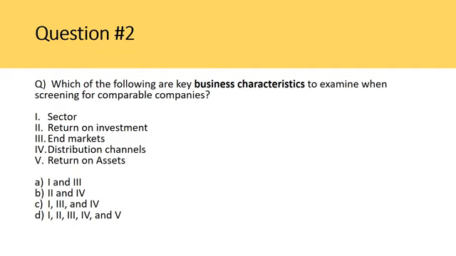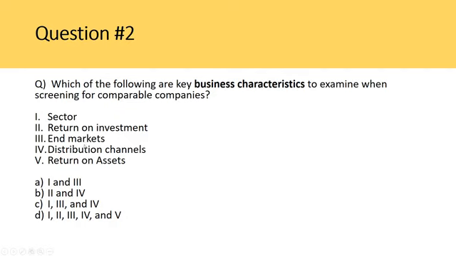Question 2, which of the following are the key business characteristics to examine when screening for comparable companies? So when we're talking about business characteristics, we're trying to determine the business profile of the business so that we can really understand if it is a true comparable to our target company. So sector would be important, but return on investment is more of a financial metric than a business characteristic. So we'd exclude that.